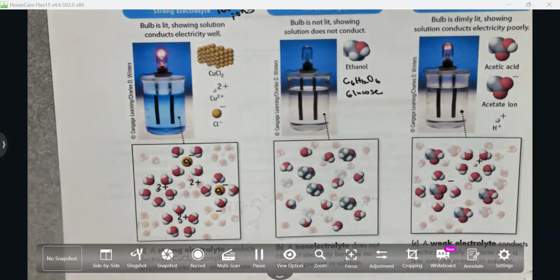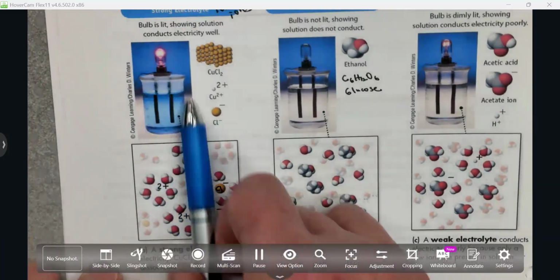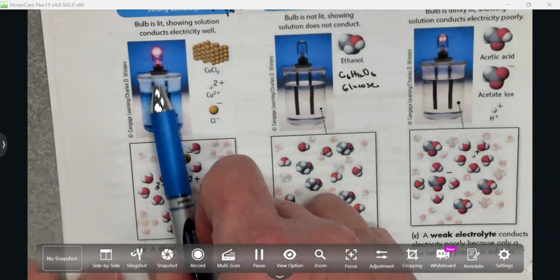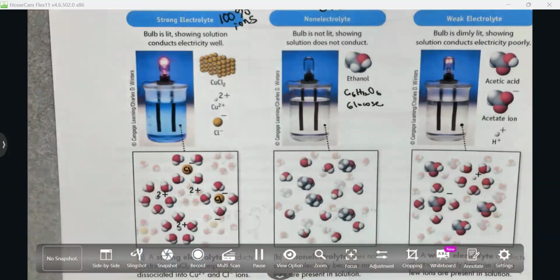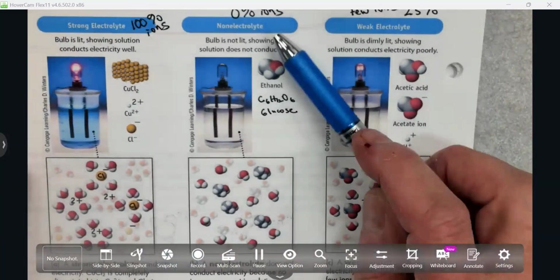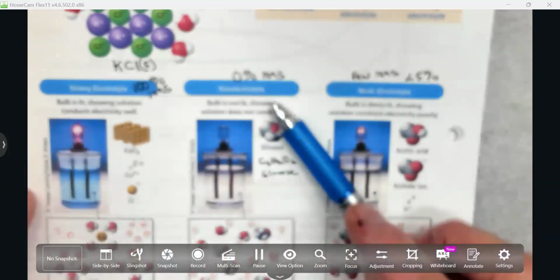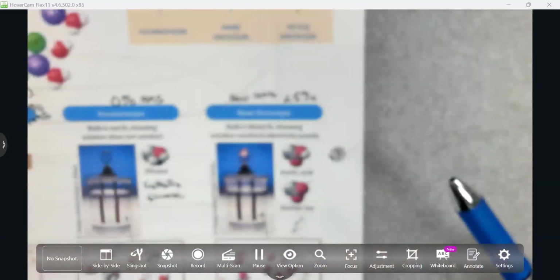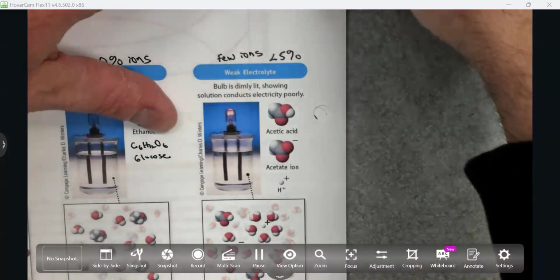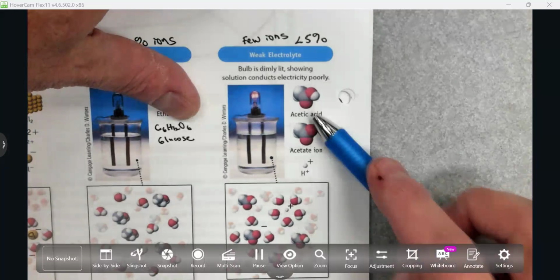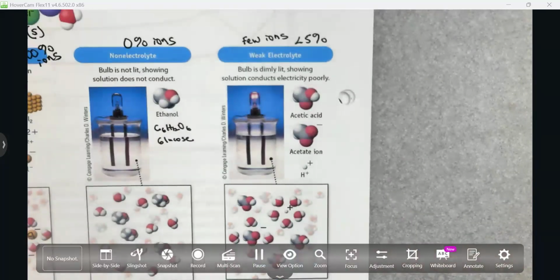The old-fashioned way was to have copper wires with a little bit of PVC over top of them, put it in the solution, and see if the light bulb lights up. If you get 0 ions in solution, it is a non-electrolyte. If you get a few ions in solution, it is a weak electrolyte. Vinegar, or acetic acid, is the example.